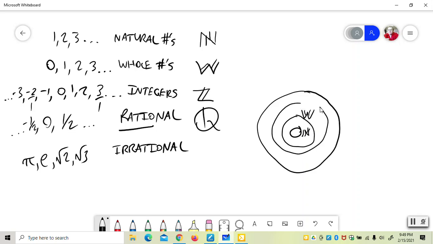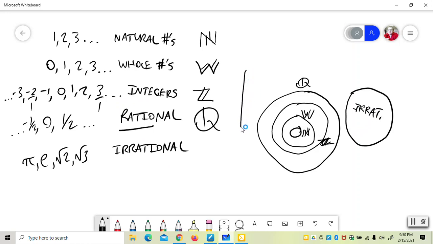Wholes are inside the integers, because all whole numbers are integers. Then the outermost here is the rational numbers, because all these can be written as fractions. Then separately, not overlapping, you have the irrational numbers. If it's irrational, it doesn't fit any of these. If it fits any of these, it's not irrational, so they do not overlap.